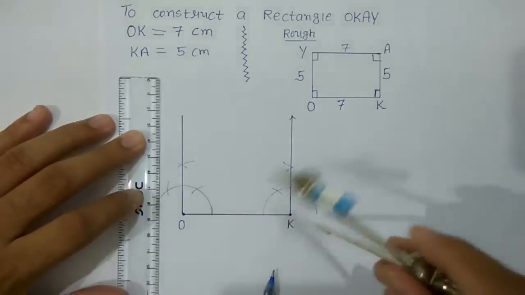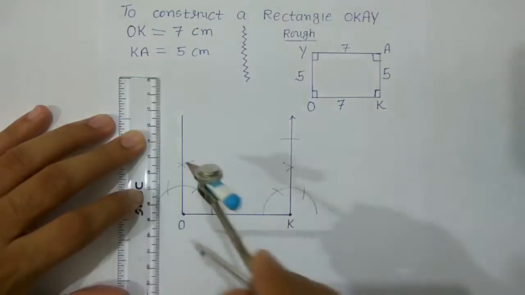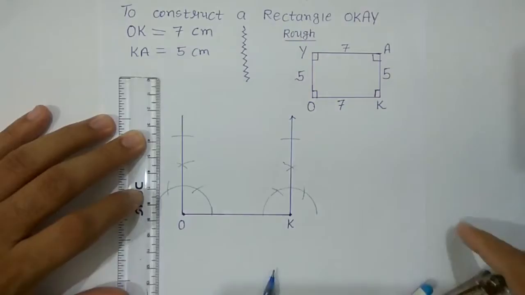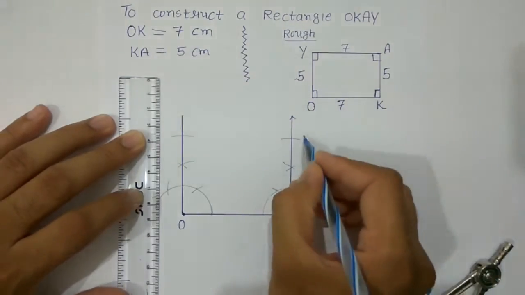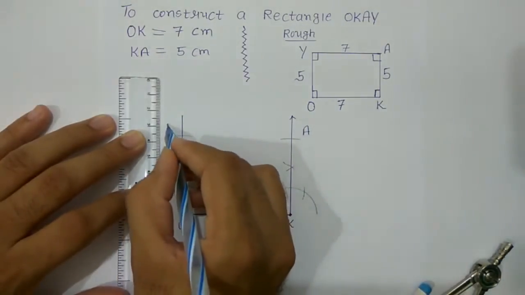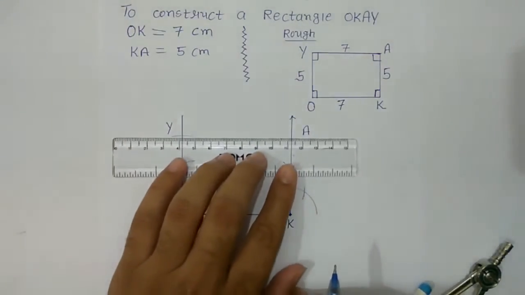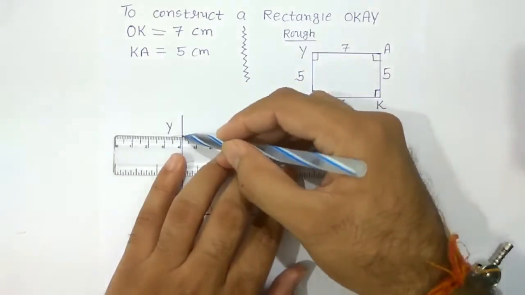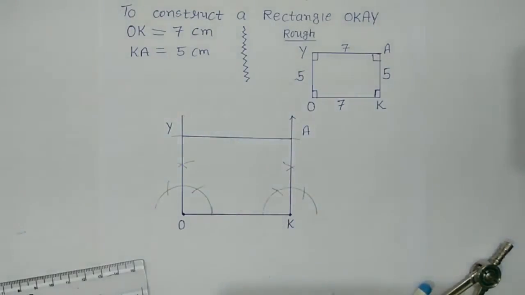Now make one arc from K on this line, and the same arc we have to draw from the point O. So now here we get the 2 points. OK we already have; this point we get as A and this point we get as Y. Now if we join both these points, then we get the fourth side of the rectangle.